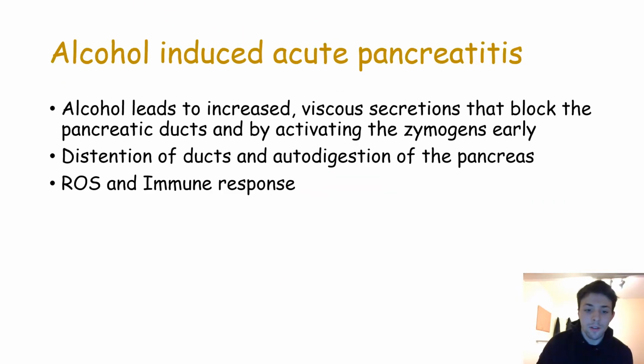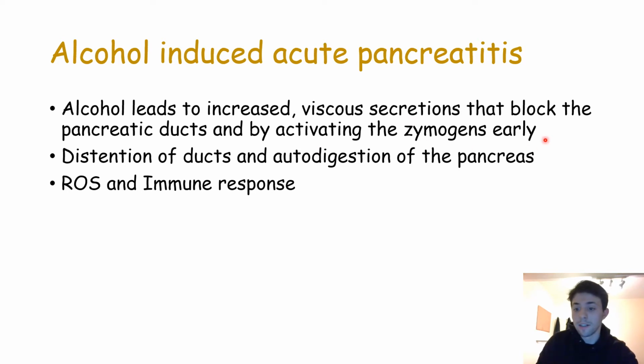All right, now let's talk a bit about the pathology itself. We're going to talk only about the two main causes, which are alcohol-induced and gallstone-induced pancreatitis. So alcohol causes acute pancreatitis in two ways. The first one is making the pancreatic fluid itself very viscous and thick, which can cause blocking of some pancreatic ducts, and subsequently there's distension as well. But it can also lead to early activation of zymogens.